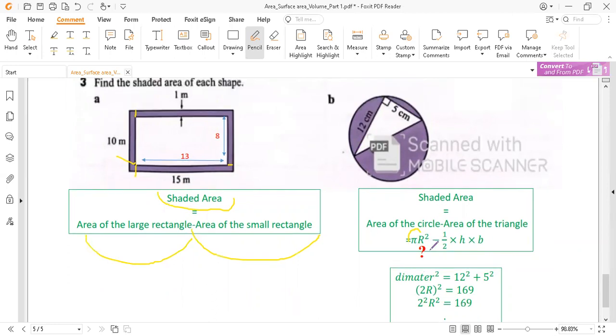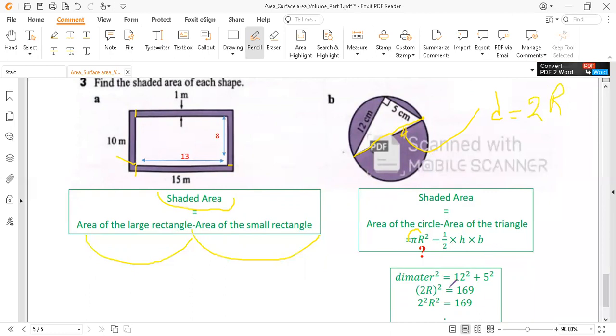It is not indicated, so we can use this side and consider it as the diameter. The diameter starts from the circumference of this circle, passes through the center of the circle to the other side. So normally the diameter is 2 by r.